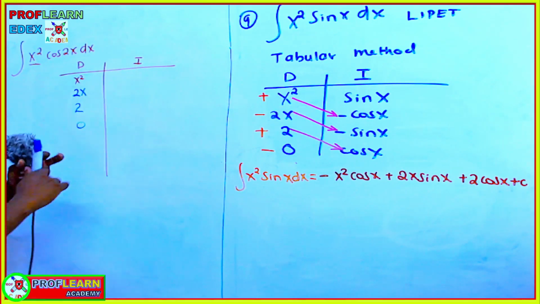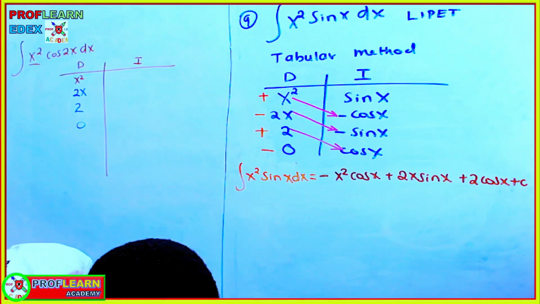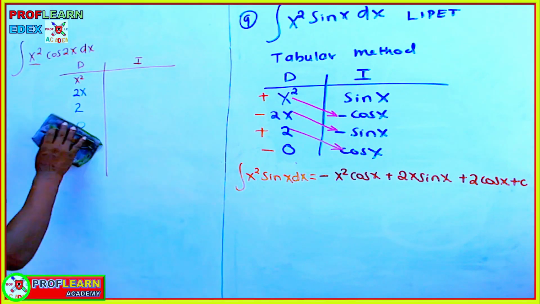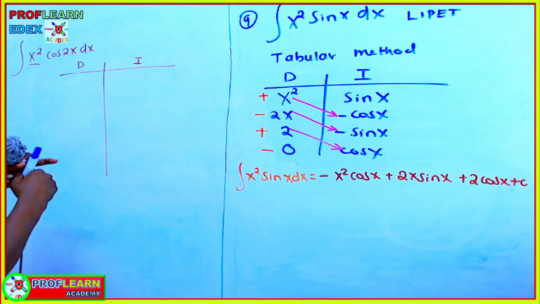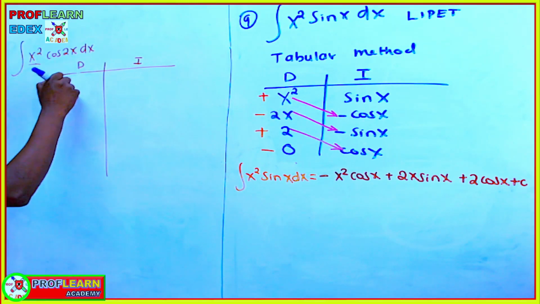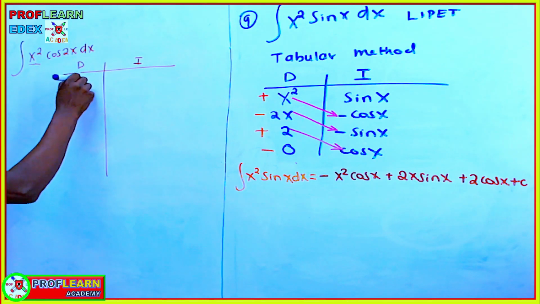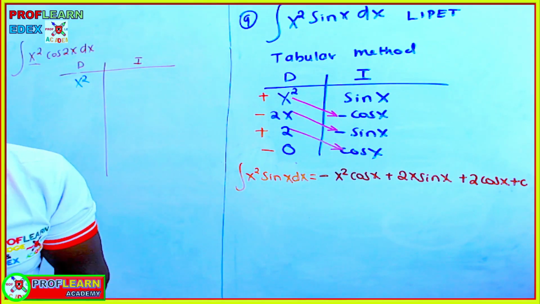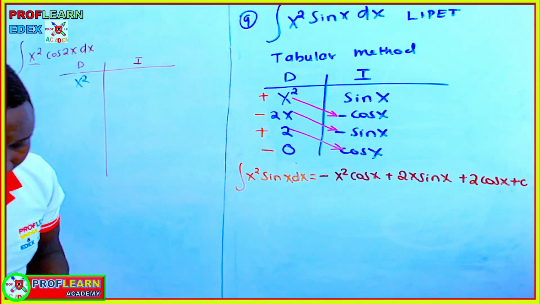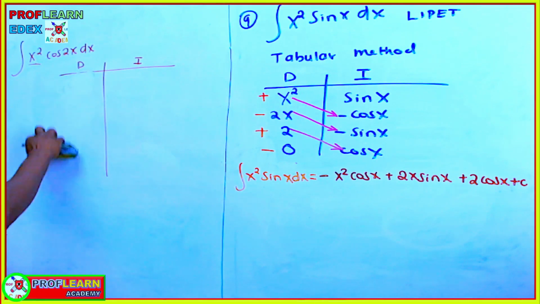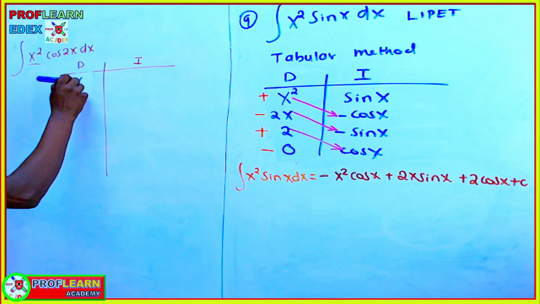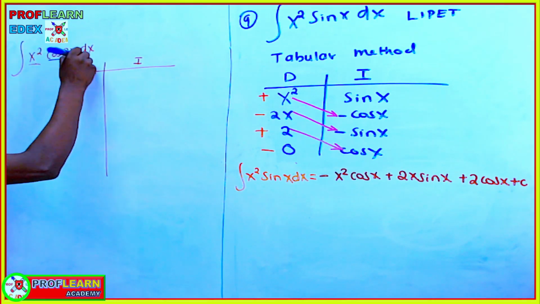Now, our D is going to be x squared here, and this part is going to be our I.